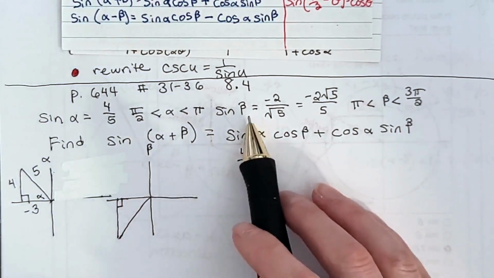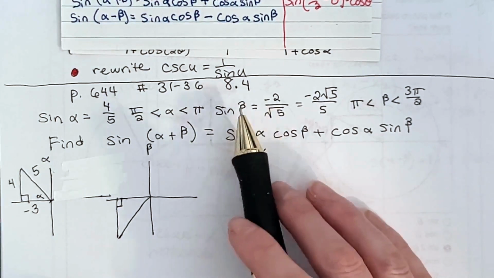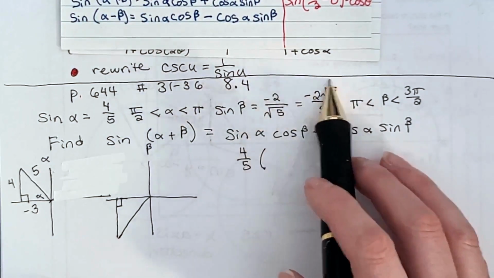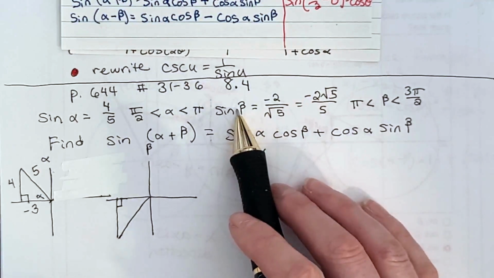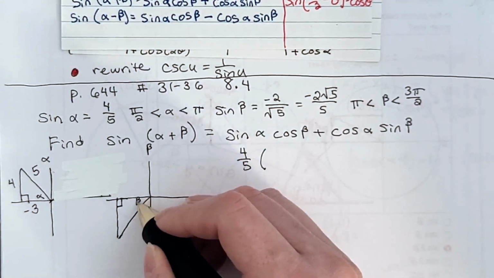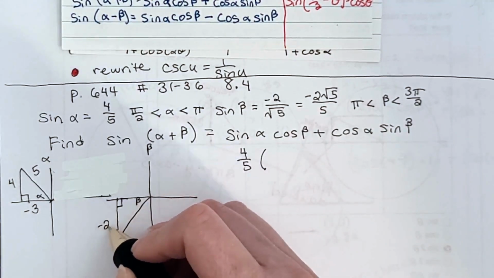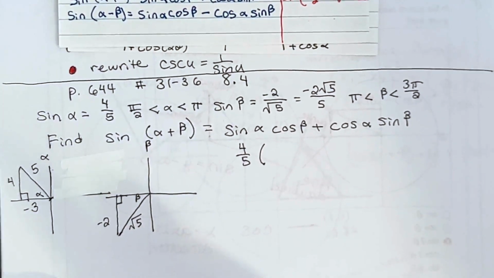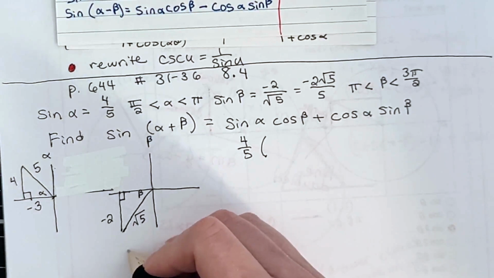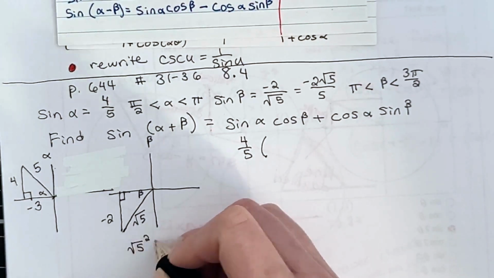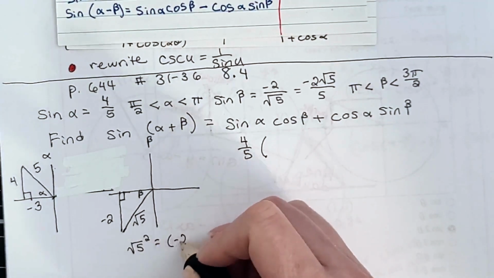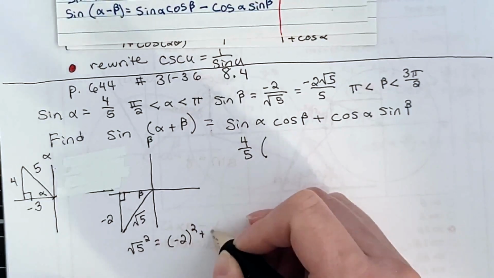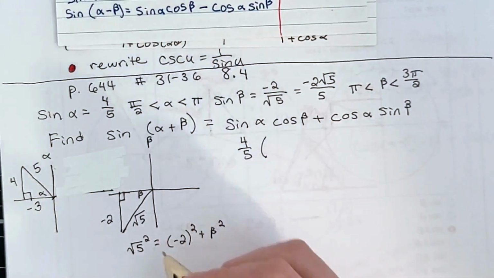All right, so sine, I'm going to go with this version here instead of using the simplified version. So here's my beta. So sine is -2 over √5. All right, you're going to need to do Pythagorean Theorem. So the square root of 5 squared equals -2 squared plus your other b squared.